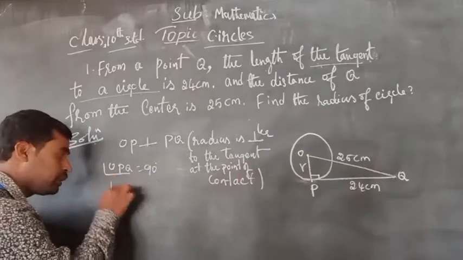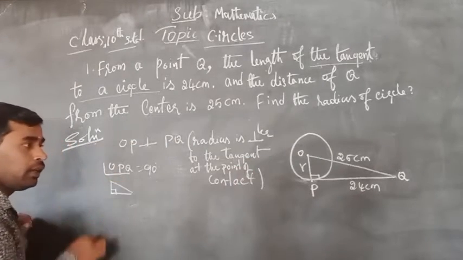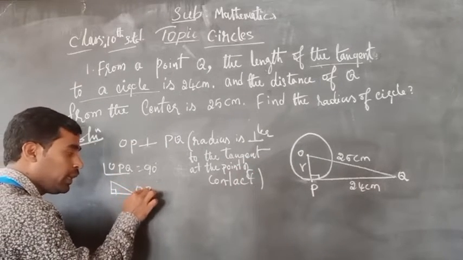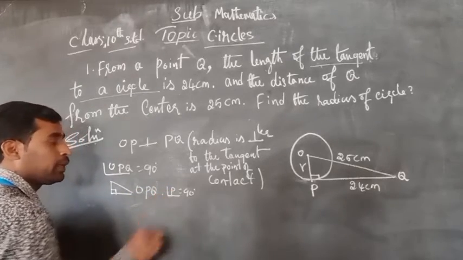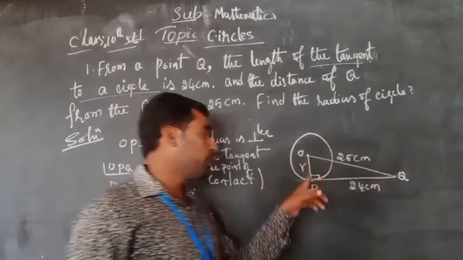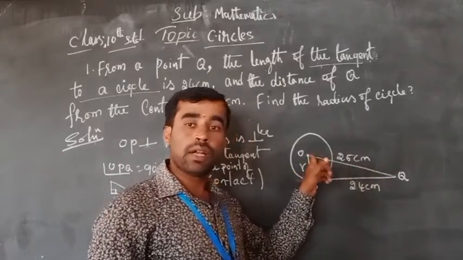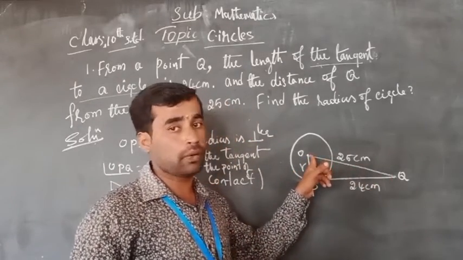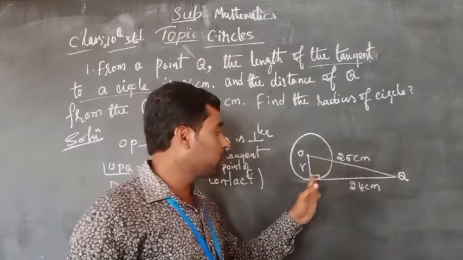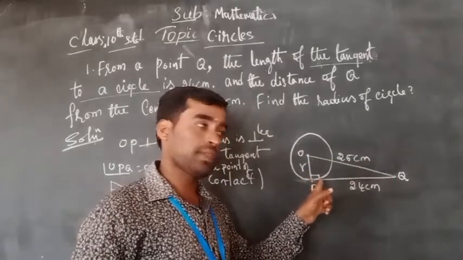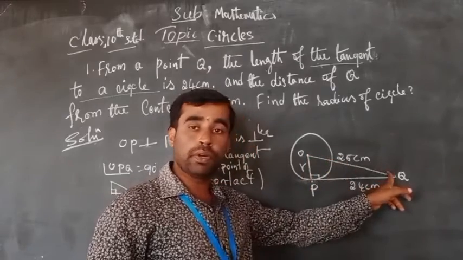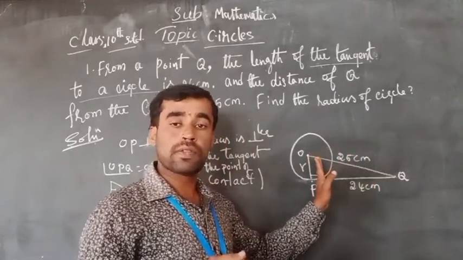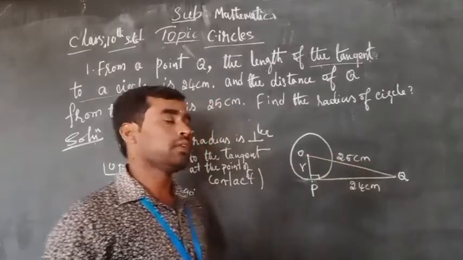Now I take the right angle triangle OPQ, in which angle P is equal to 90 degree. OPQ is a right angle triangle, so we have to apply the Pythagoras theorem. The Pythagoras theorem says that in a right angle triangle, the square of the hypotenuse is equal to the sum of the squares of the other two sides.